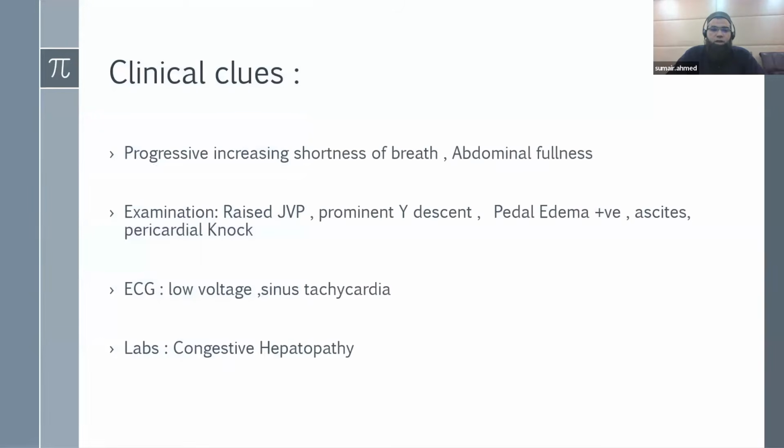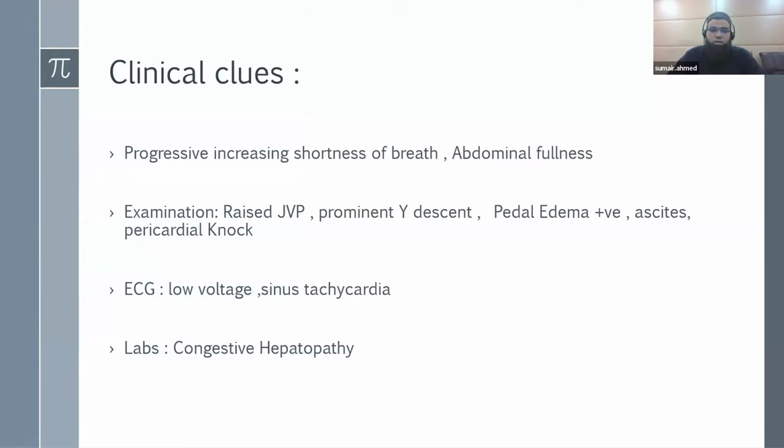Coming to the clinical clues, what a patient presents with in the OPD or the emergency: they mostly present with progressive shortness of breath, fatigue, and abdominal fullness. On examination there is ascites, pedal edema, and raised JVP.